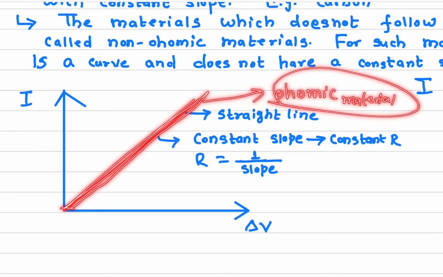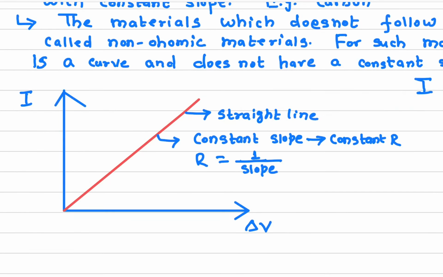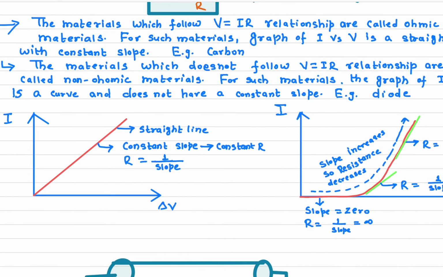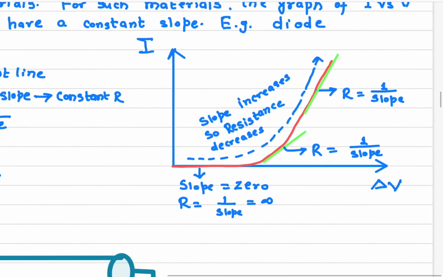Or if the plot of the current and the voltage is linear, then we call that an ohmic material. And there are many materials which do not quite follow this relation, that it is held by some other relationship, then that material is called non-ohmic material.